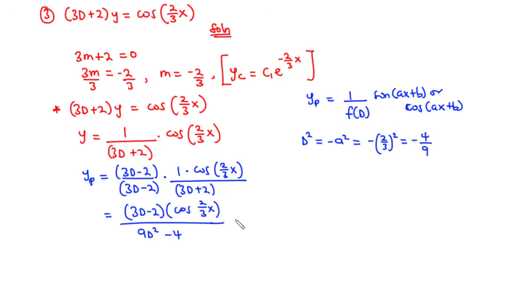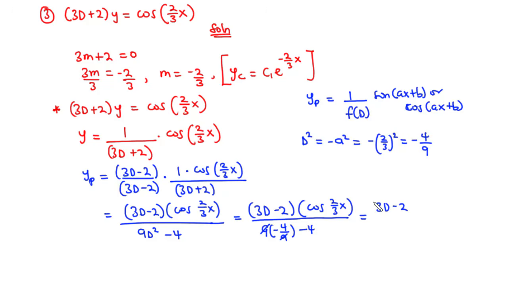So we have 3D minus 2 all times cos 2 over 3 x, all divided by 9 times negative 4 over 9, minus 4. Now 9 cancels out 9, we are left with negative 4 minus 4. So this is equal to 3D minus 2 times cos 2 over 3 x, all divided by negative 8.